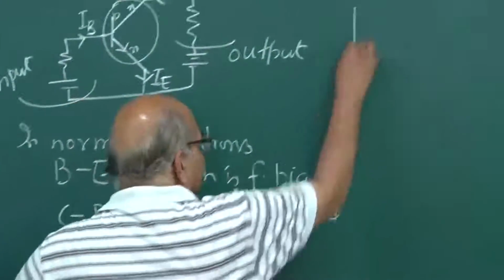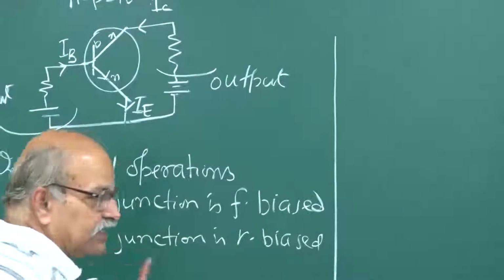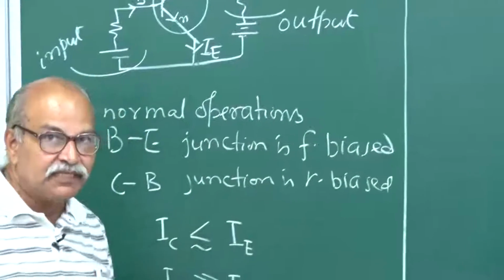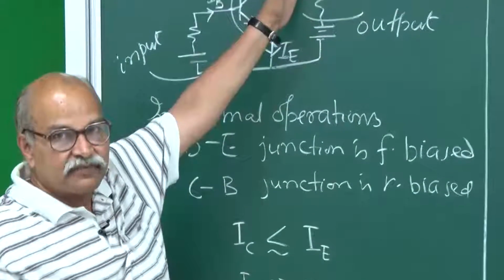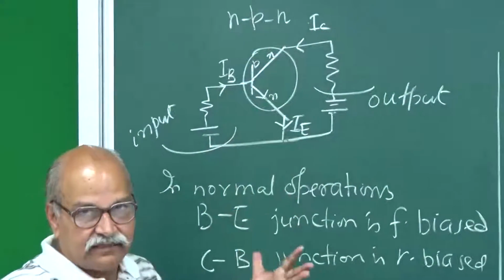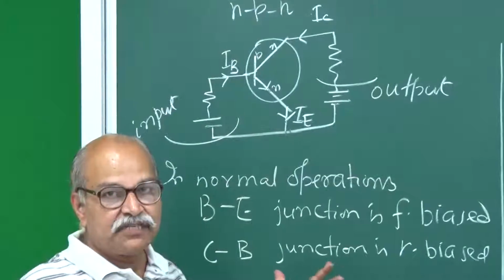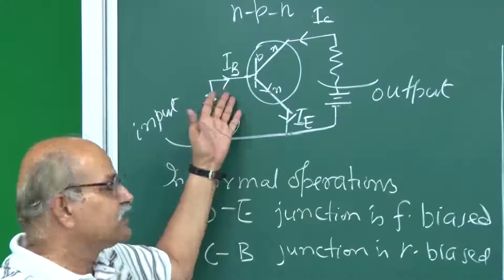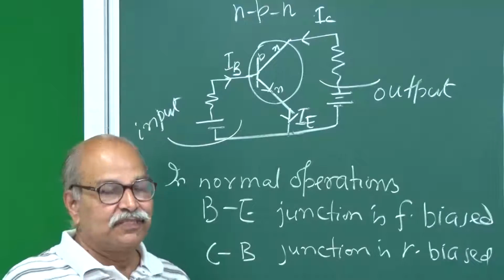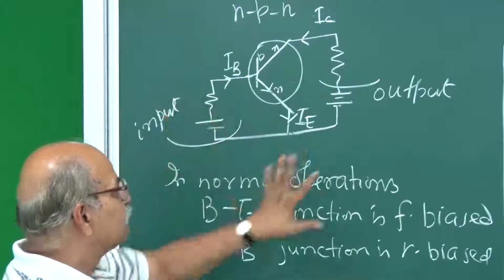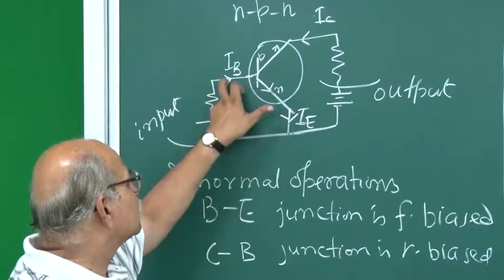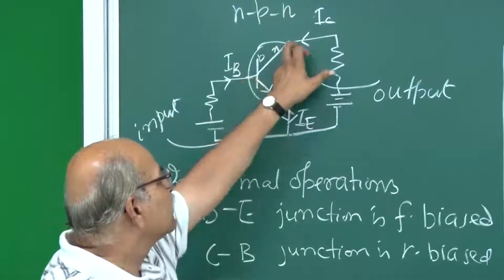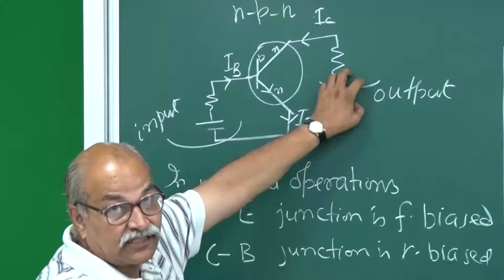Typically, if everything is fine, means this junction is forward biased and this junction is reverse biased, and that reverse bias is of sufficient magnitude, and this forward bias is of sufficient magnitude. So, in this whole operation that I have told, only because of the recombination some electrons are going this side, but most of them are going this side, the biasing is such.